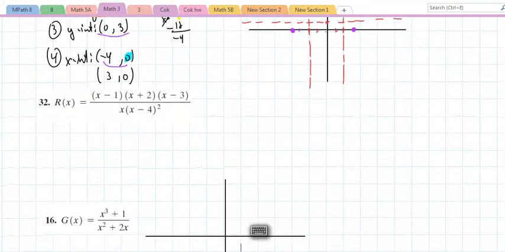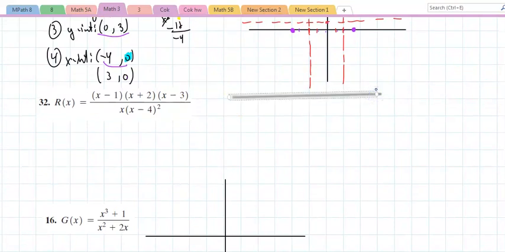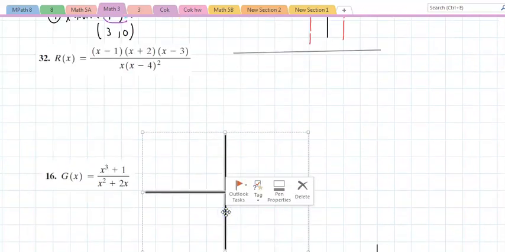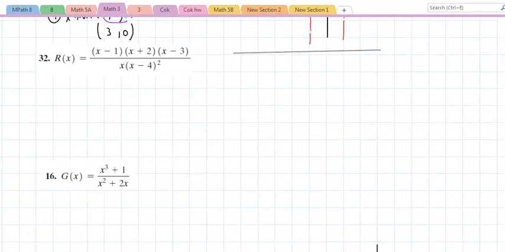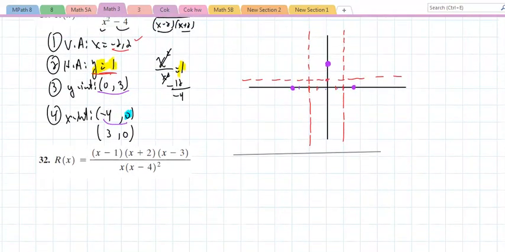a couple more to go. I'd like to look at this problem as well. Same deal. 1. Vertical asymptotes. Domain x cannot be 0 or 4, two of them.